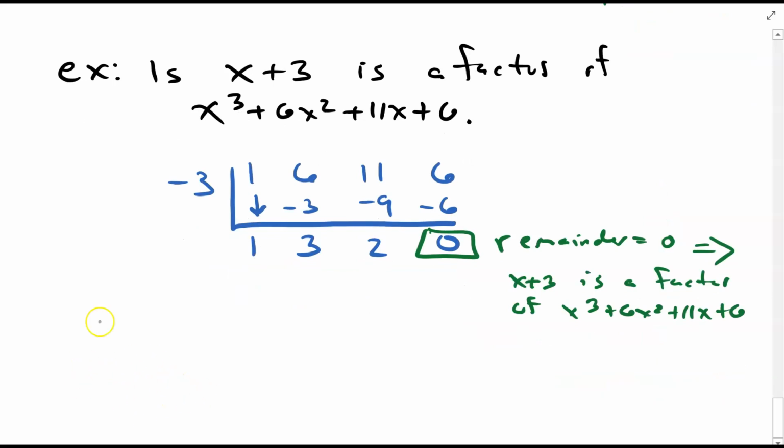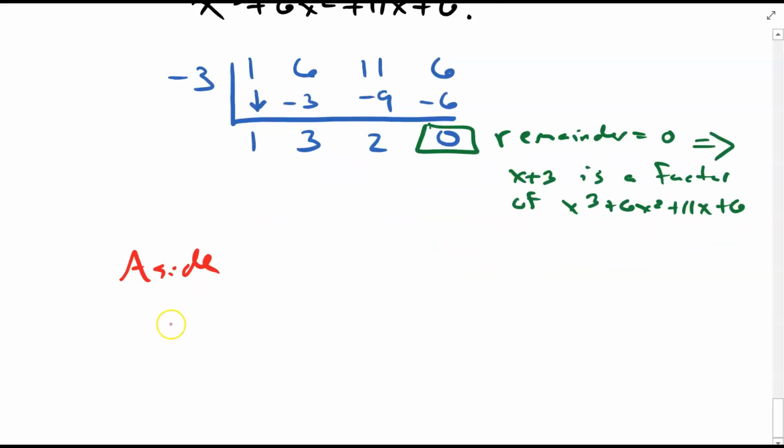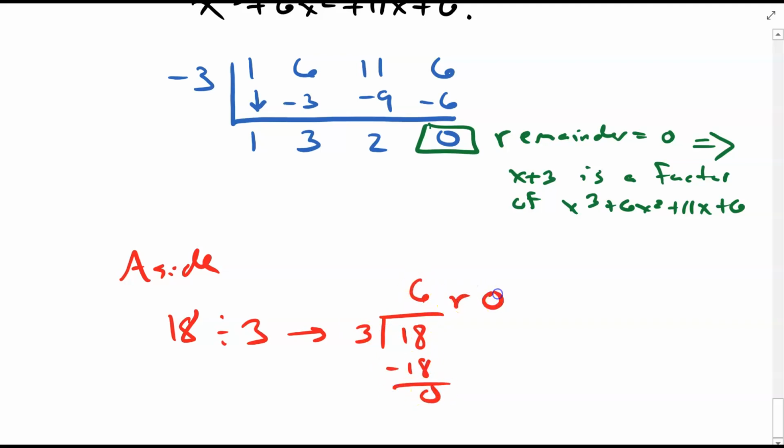So, as an aside here, if I did 18 divided by 3, I would do like a 3 here and 18 there, and I'd put a 6 and say that 18 divided by 3 is equal to 6, right?